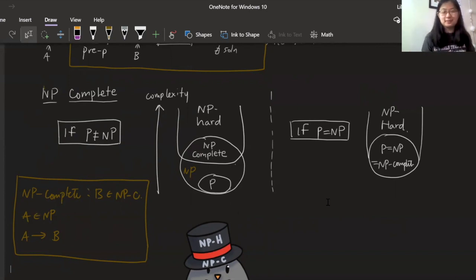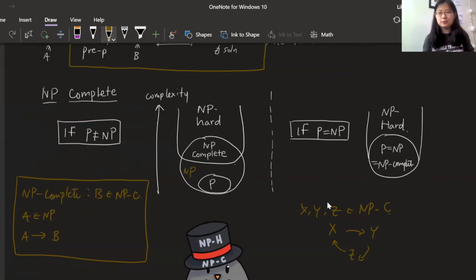So if I have X, Y, Z all in the NP complete class, then X reduces to Y, reduces to Z, reduces to X. Now we're just writing letters, but realistically, you'll be dealing with real problems like traveling salesman, set cover, 3-SAT, a lot of very concrete problems. And it's a very interesting exercise to think about how these seemingly unrelated problems really reduce to each other. And that'll come from some clever constructions that Neil is going to talk about.